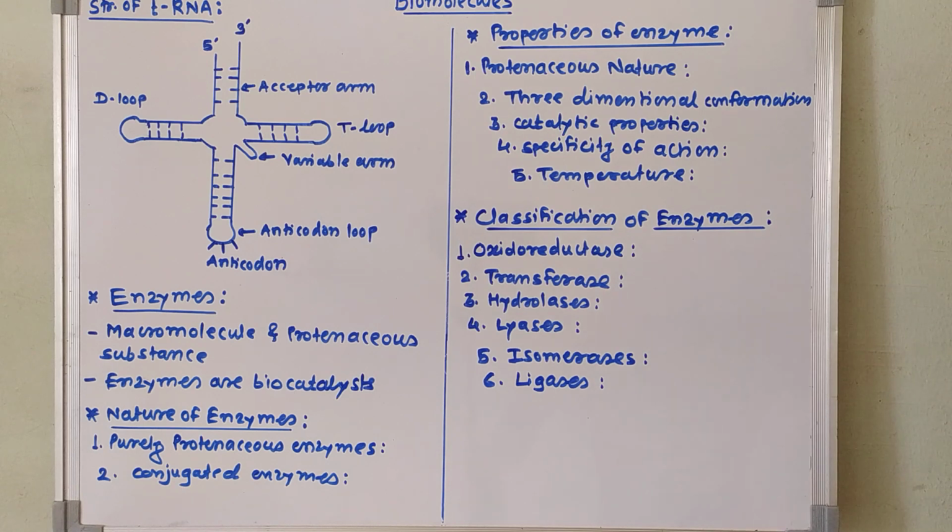After carbohydrate, we studied the next component, that is the lipid. Also we studied the definition of lipid, then the classification of lipid, that is simple lipid, sterols and compound lipid. After that, we started a new component, that is the protein.